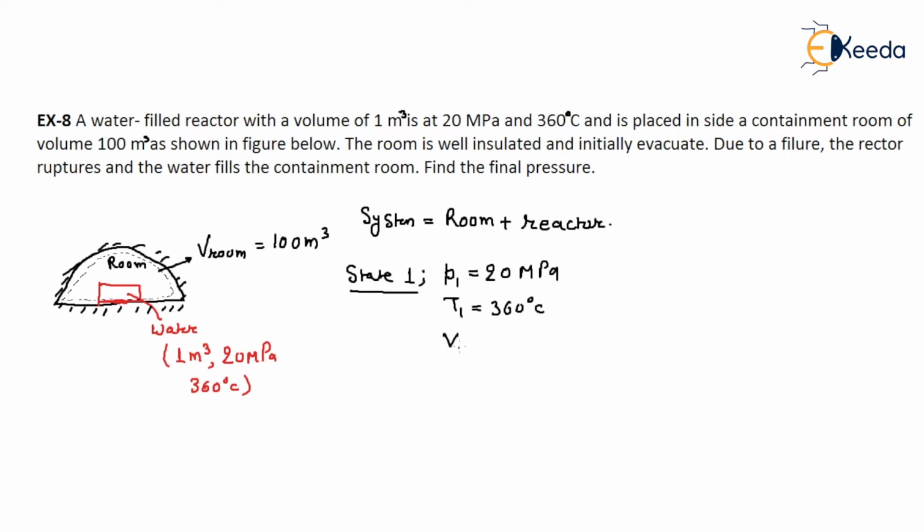V1 is 1 meter cube, right? So with these two values, we can easily find specific volume and internal energy from the water table.